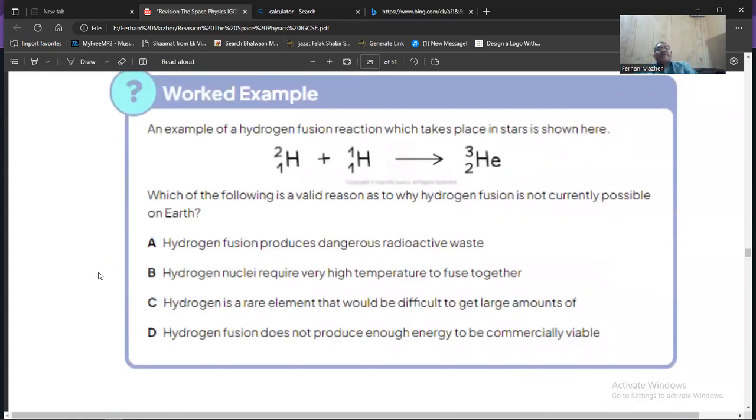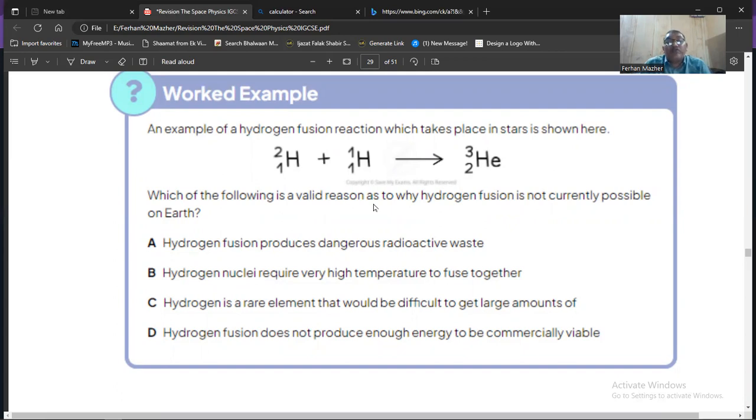So here we have an example of a hydrogen fusion reaction which takes place in the stars: hydrogen-2,1 plus hydrogen-1,1 is equal to helium-2,3. Which of the following is a valid reason as to why hydrogen fusion is not currently possible on Earth?